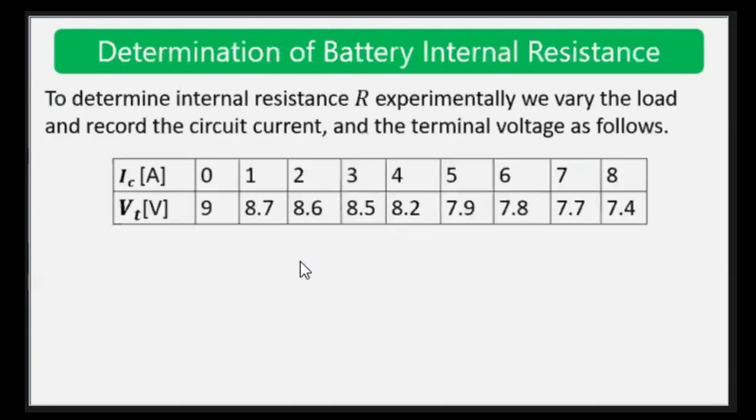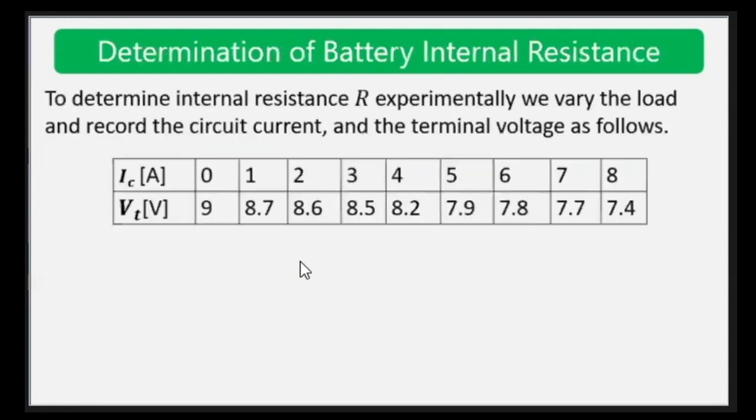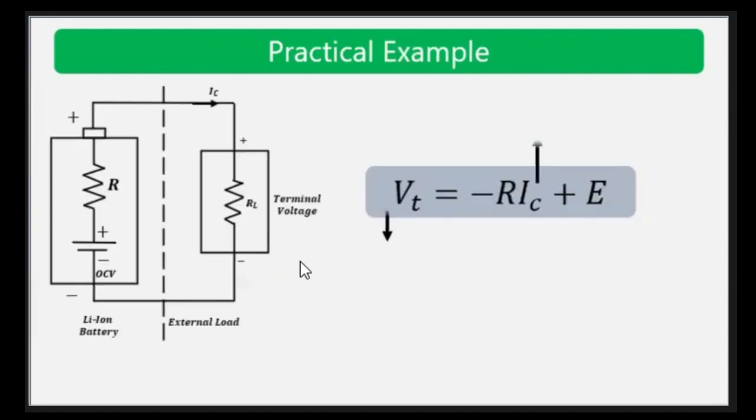So if we break it down, in the physics lab, we change the current. Change the current means what? Basically we change the load. We change the load to get the current 0, so that means it's open circuit. The VT is 9. If there is no current, E is 9, right?